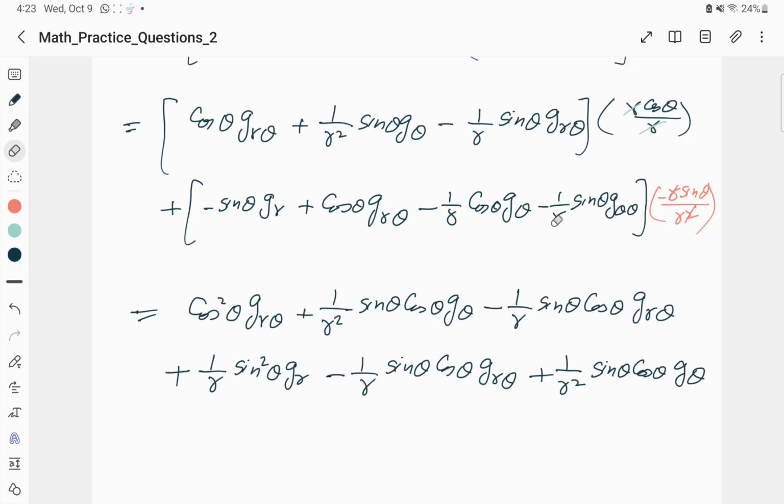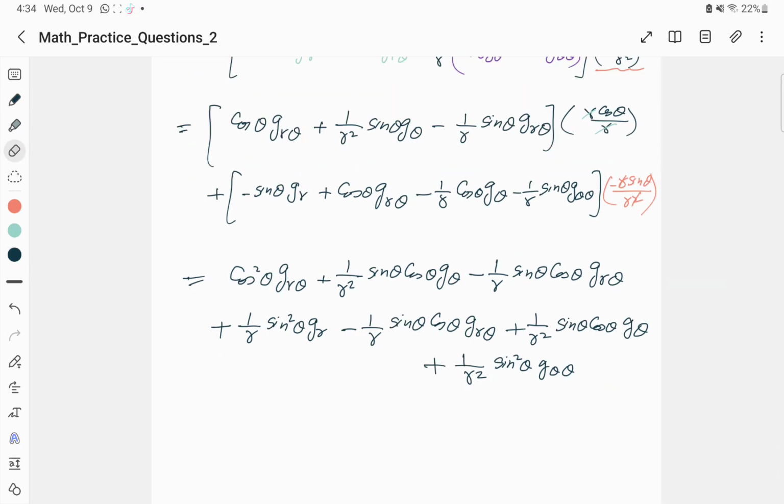And ultimately we write the last expression. This is minus minus plus, this 1 over r and 1 over r from here, this will be 1 over r square. Yes, and then we have sin theta, and that sin theta, that becomes sin square theta, and then we have g_theta theta.